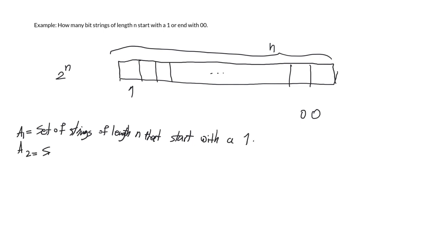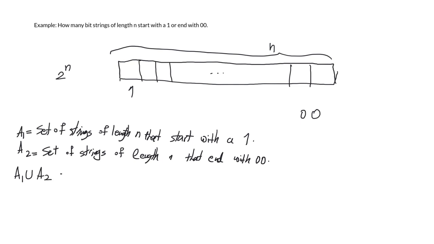And let A2 be the set of strings of length n that end with 2 zeros. Now, what is the set that we want to count its elements? So obviously, by the definition, it is the union A1 union A2. So we want to count how many objects are in the set A1 union A2.